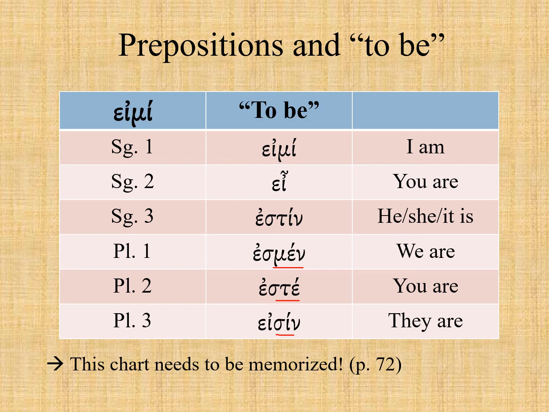If you think about luomen, luete, luousi, we have some similarities, but especially the first three forms are irregular as they conjugate in this verb to be. So this is something that is important to memorize, because this doesn't follow your regular pattern of the verbs.